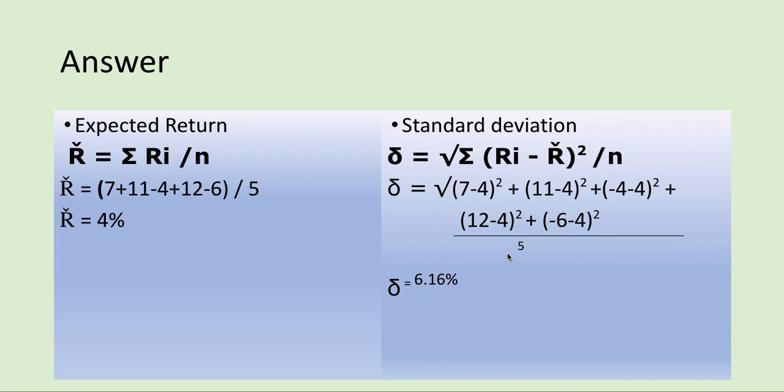Then, don't forget to put the square root. Then you will get the answer for the standard deviation, 6.16%.